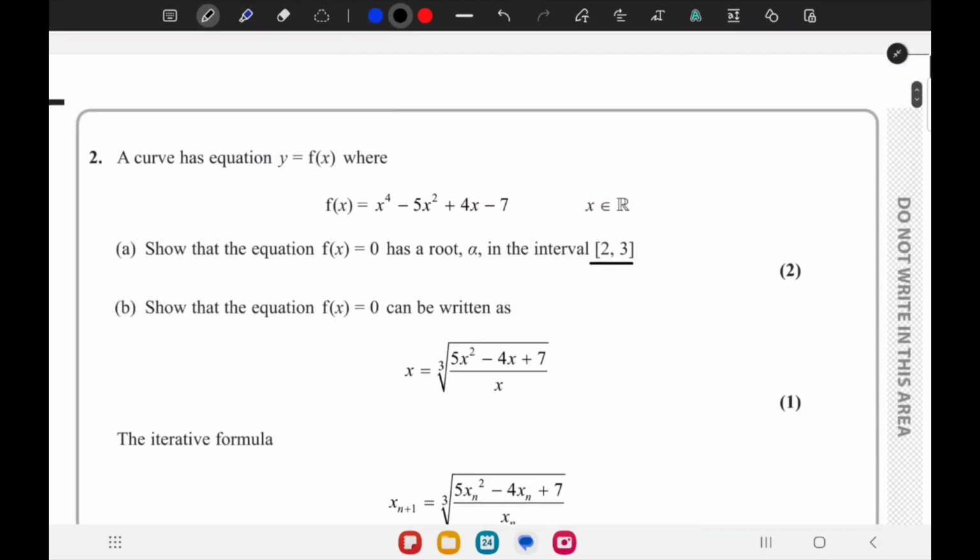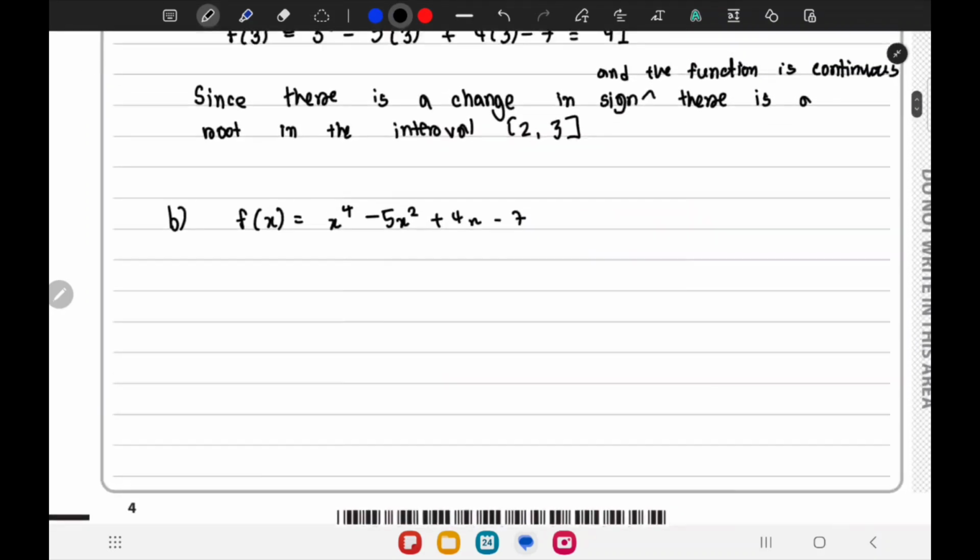If we move up and see this equation, we have to show this. This doesn't have this term over here. So it has 5x square, 4x and 7, but it doesn't have x to the power 4. So it's the subject over here.